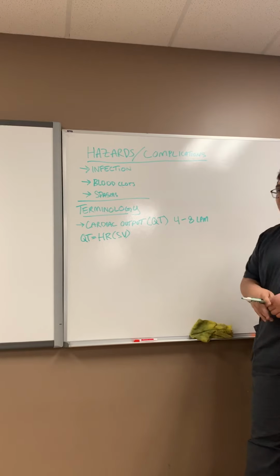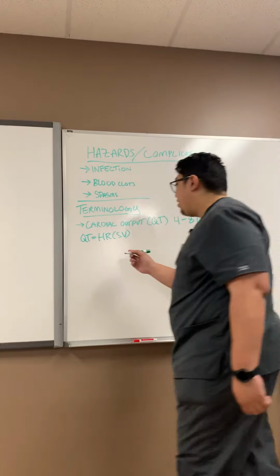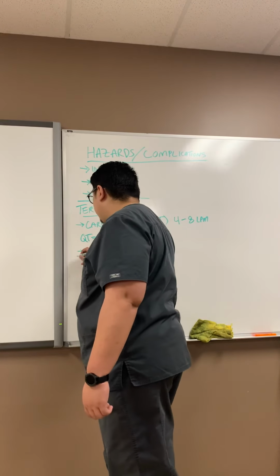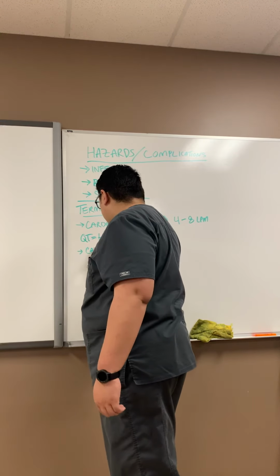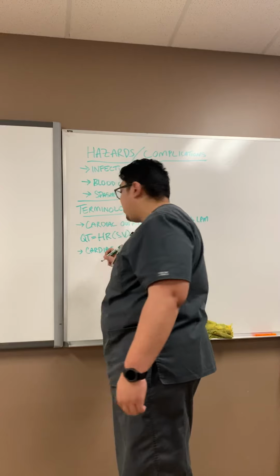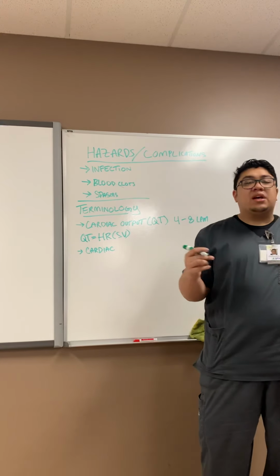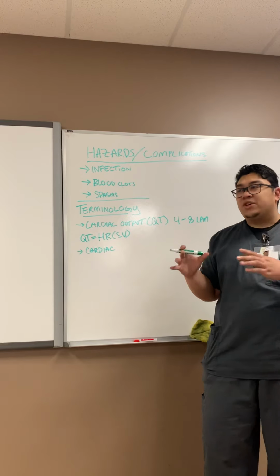So, let's see what else we have here. We also have cardiac index, which, akin to cardiac output, is supposed to measure total hemodynamic function. But the reason people tend to use cardiac index a little bit more than cardiac output is because it's more accurate, it's more relevant per patient.